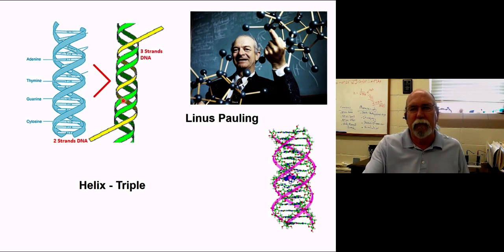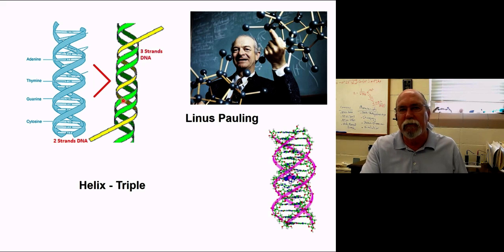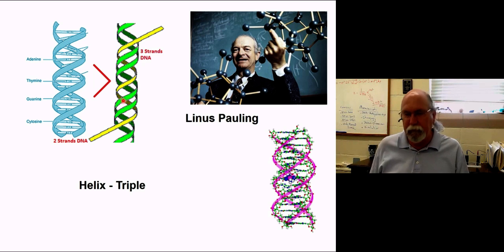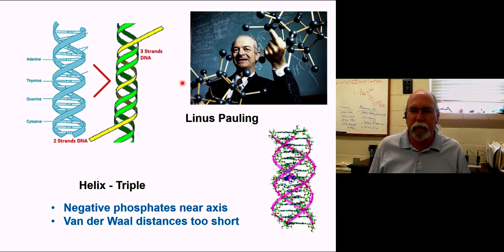And he thought it was a 3-stranded structure that formed some kind of helical form. And he came up with some basic chemistry to argue for this. But it did a weird thing.